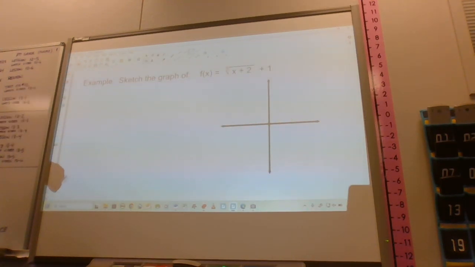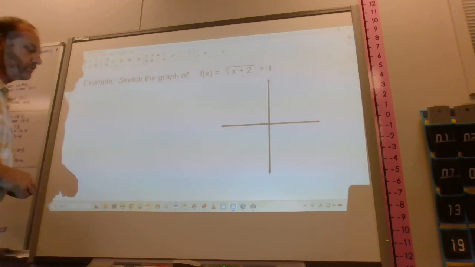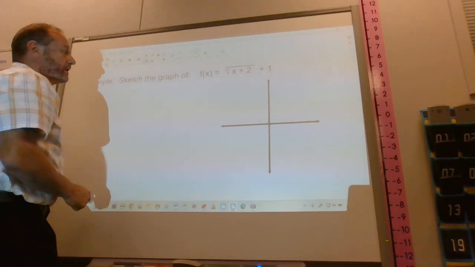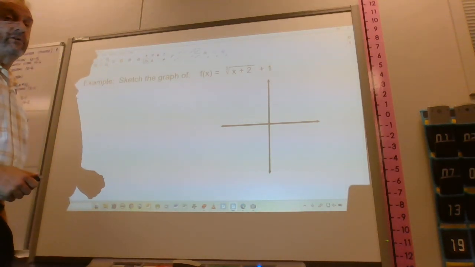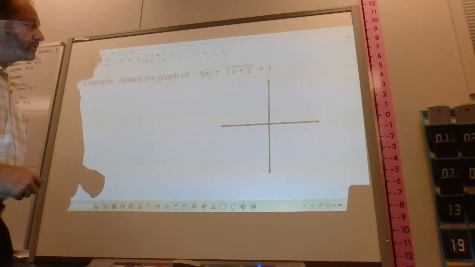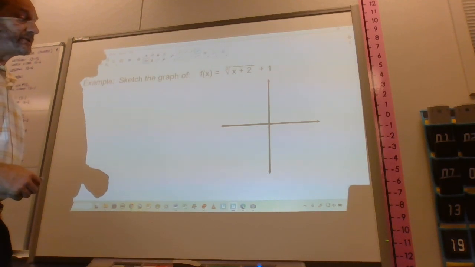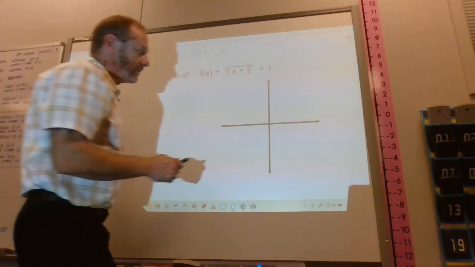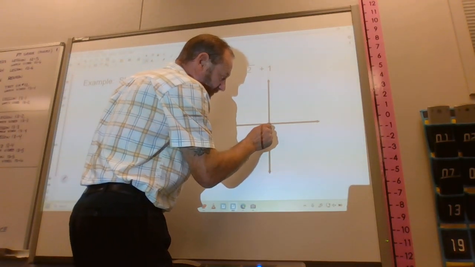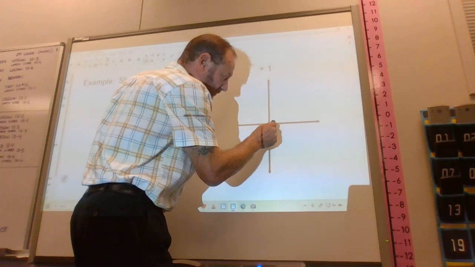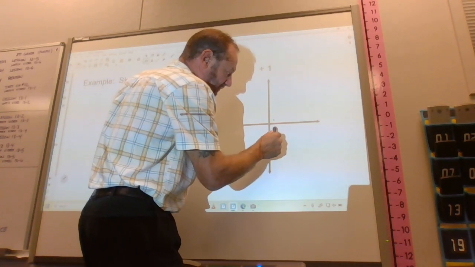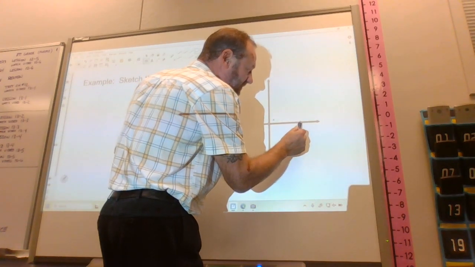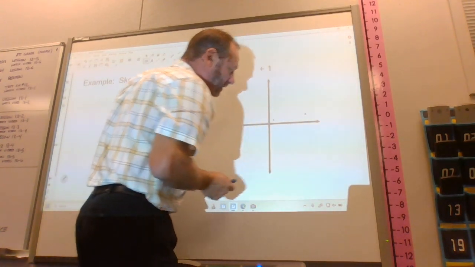Okay, sketch the graph of the cube root of x plus 2 plus 1. Okay, so I could graph the cube root of x, which is very simple to do. I mean, we know that the cube root of 0 is 0. We know the cube root of 1 is 1. We know the cube root of 8 is 2, so 1, 2, 3, 4, 5, 6, 7, 8, 2 right here.